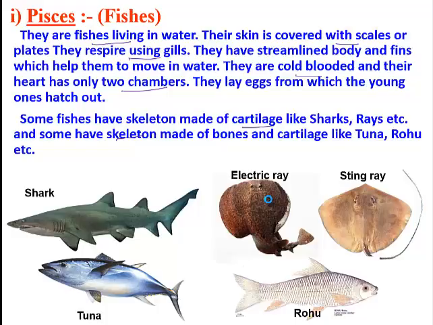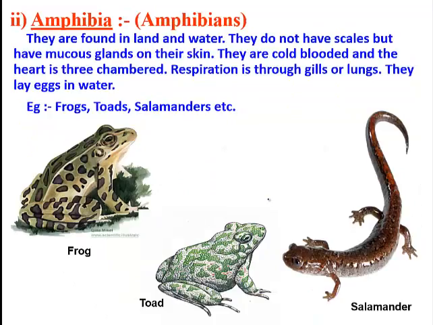Now let us look at the next one, amphibians. Amphi refers to both. They can survive both on land as well as in water. They do not have scales, and they have mucous glands on the skin, which is responsible for respiration in the case of frogs.